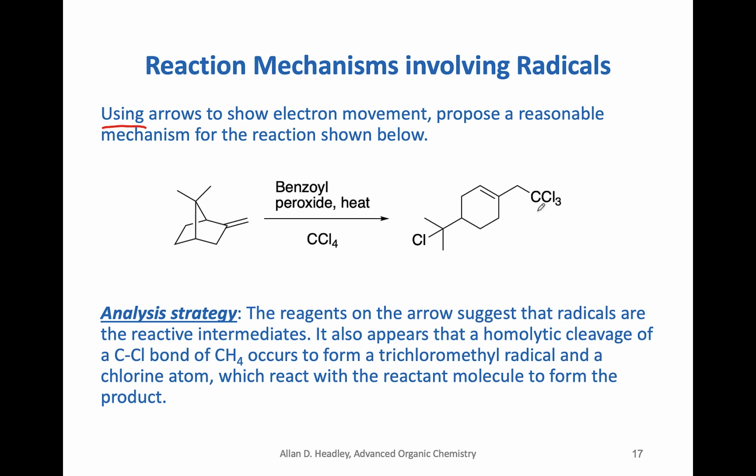But look at this. This is CCl3 and a Cl. This is CCl4. So it is suggesting that there is a cleavage of a C-Cl bond to form radicals. Oops, this should be CCl4.